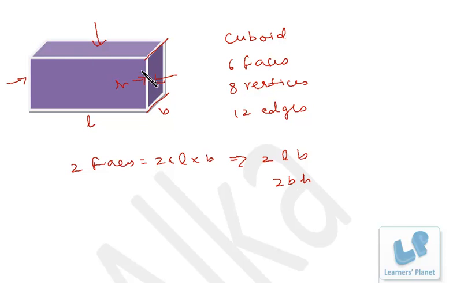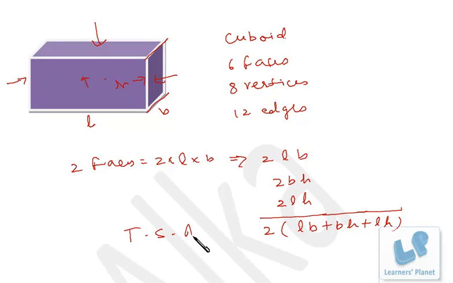Similarly, we have this particular face, where this is L and this is H, and the hidden one, so that's L into H, 2LH. So 2 faces 2LB, 2 faces 2BH and 2 faces 2LH. So the total surface area will be 2 times (LB plus BH plus LH). That is the total surface area of a cuboid.